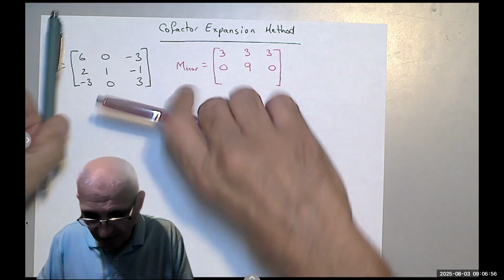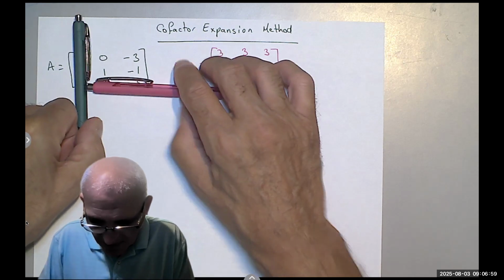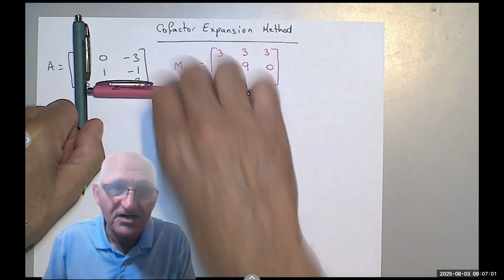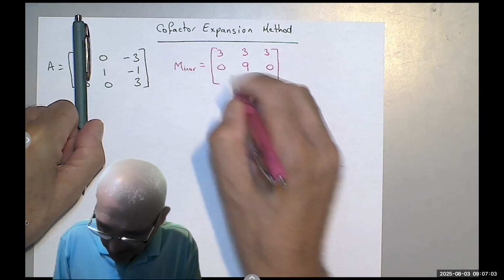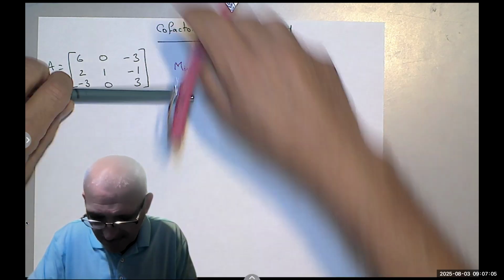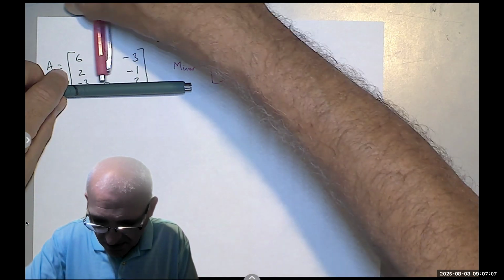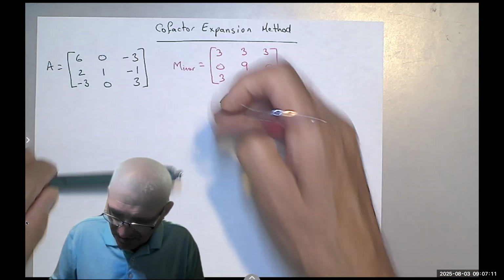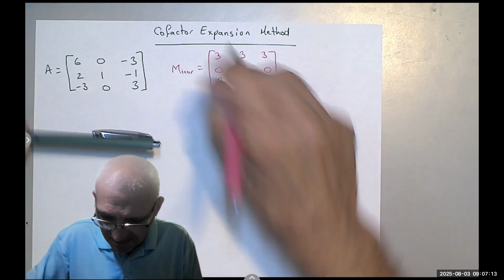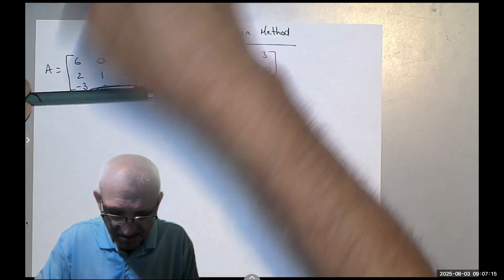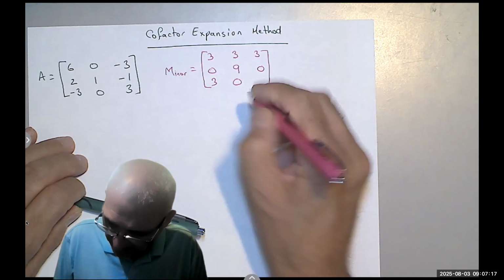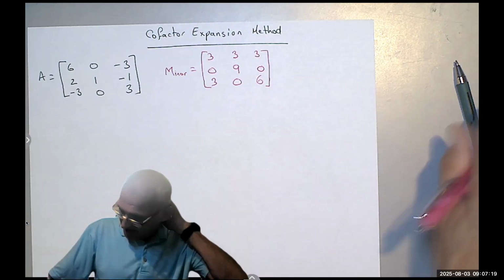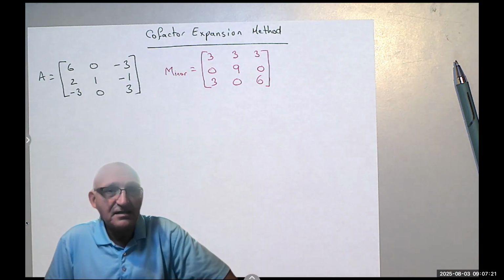Let's find the minor of the -3. 0 minus -3, so that's +3. The minor of this 0 is -6, minus -6 is 0. And finally, the minor of the 3 is 6 minus 0 is 6. So here is the matrix of minors.